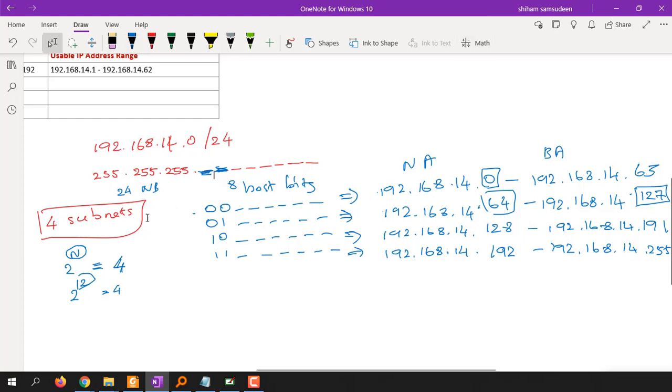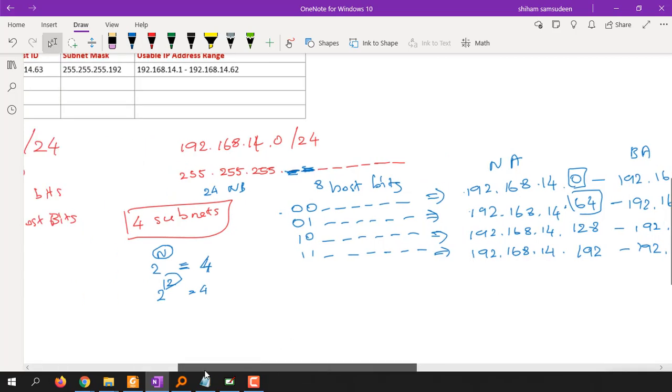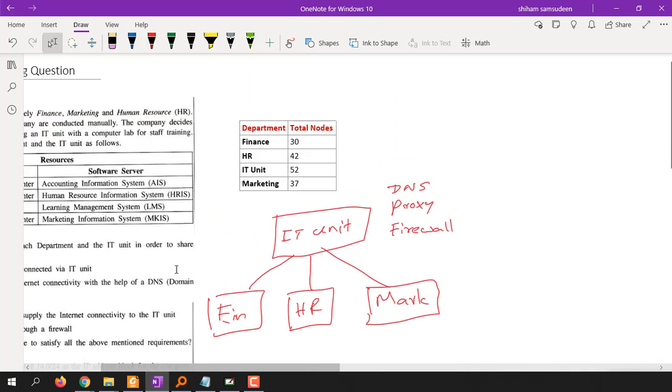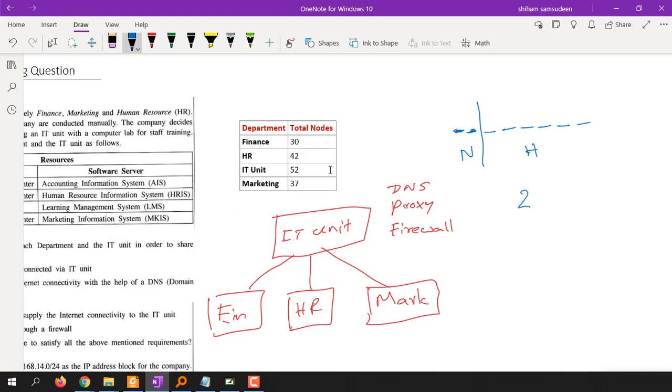And any of these network blocks, you could give to any of the departments here, because from a host perspective, we already had 8 bits here, 1 2 3 4 5 6 7 8 bits, right? And we took these two for the subnet, and the rest of the 6 bits for the host. The number of hosts for each of these networks is 2 to the power of how many host bits?